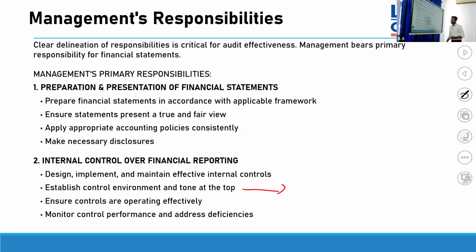Only implementing the internal control is not sufficient, right? They must ensure they are operating effectively. Otherwise, what will happen? Control might be there, but no one will follow those controls.